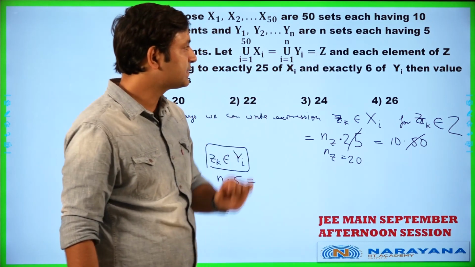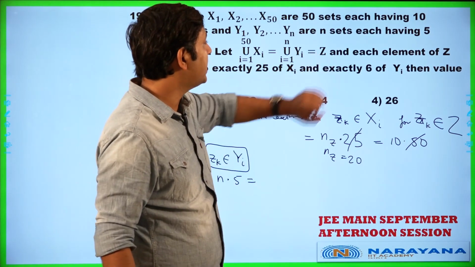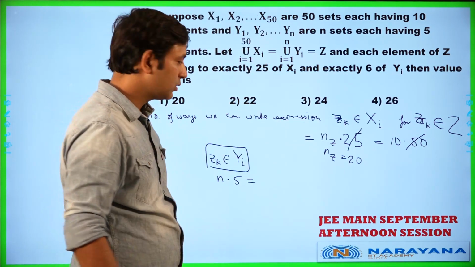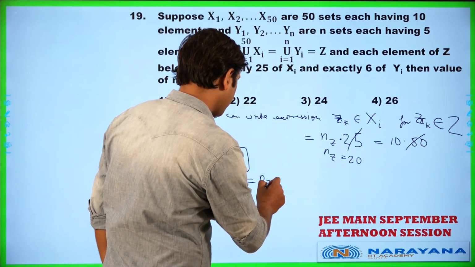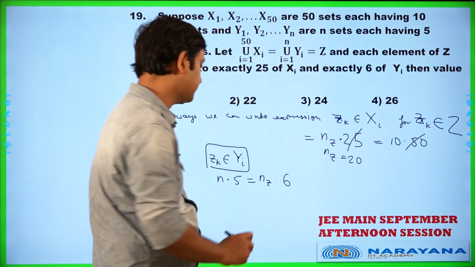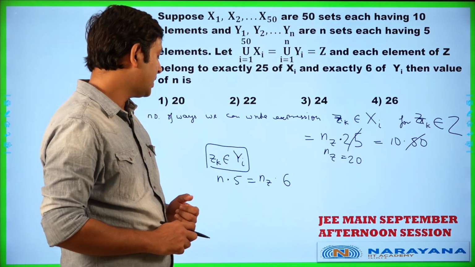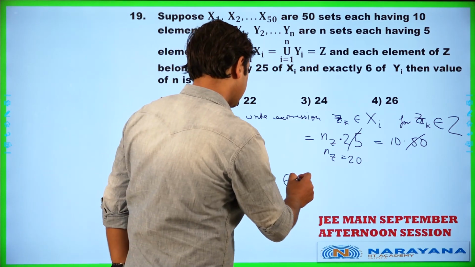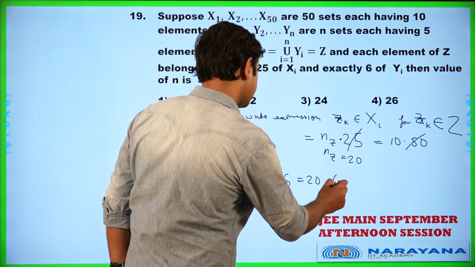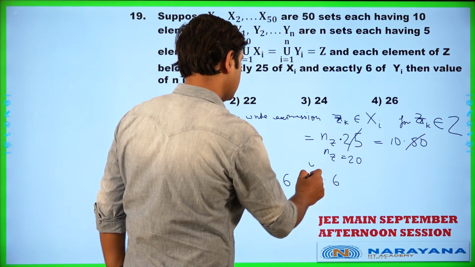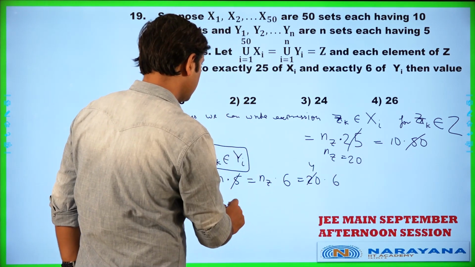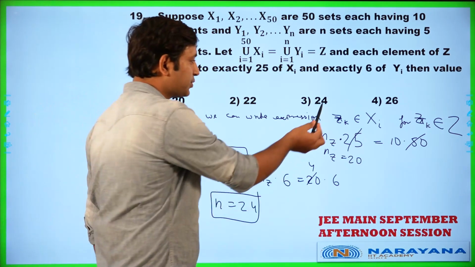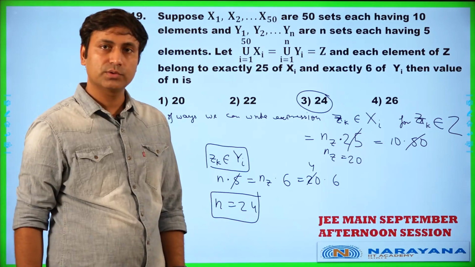From the perspective of Z, each element belongs to 6 of the Yi, so again we say nz into 6. We have already found nz is 20, so we write 20 into 6. So we find n is equal to 24. We will mark that option. We will move on to the next question.